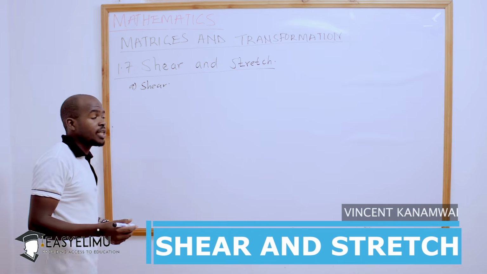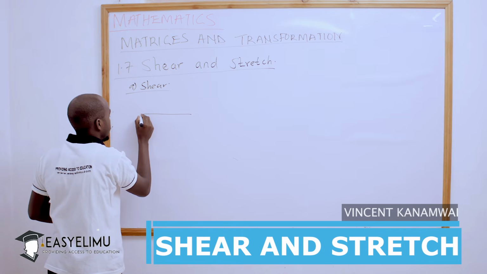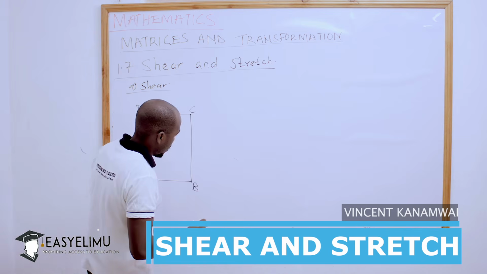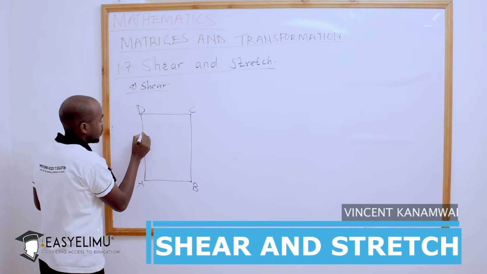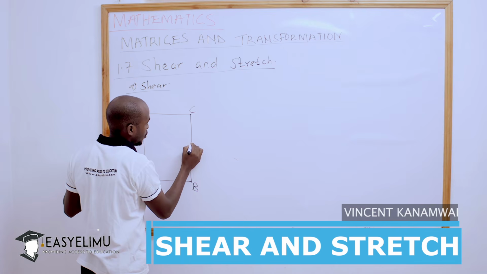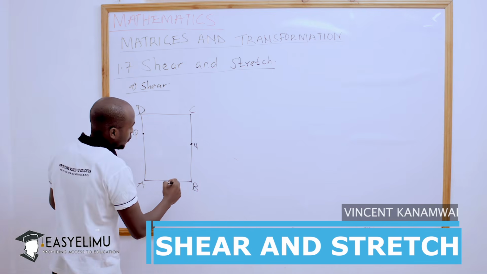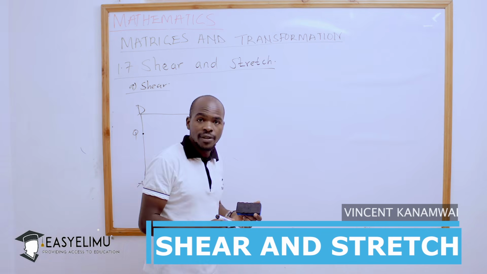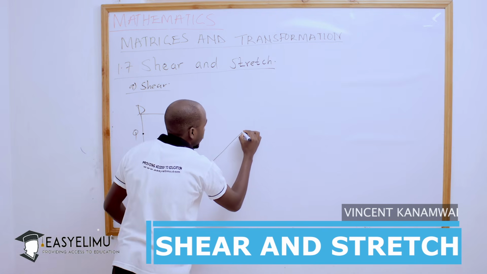So we shall consider a given rectangle, for example, and let's say we have point Q at this point, and let's have another point here, M.